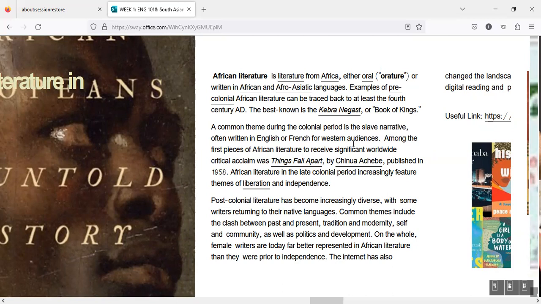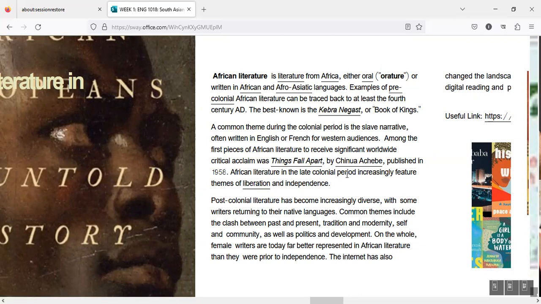A common theme during the colonial period is the slave narrative, often written in English or French for Western audiences. Among the first features of African literature to receive significant worldwide critical acclaim was Things Fall Apart, selected as a text for this course, written by Chinua Achebe, published in 1958, around 70 years ago.